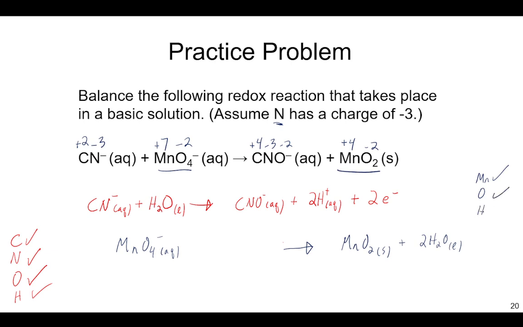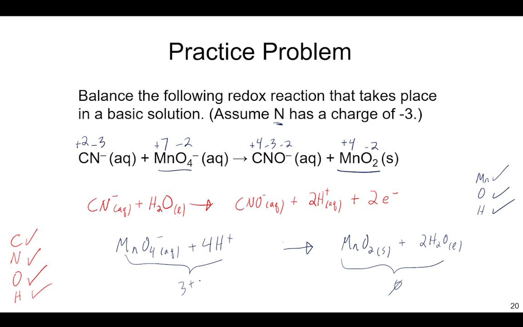Oxygen's balanced. Hydrogens now, well, I've introduced hydrogens now, so I better come back over here and add 4 H+ to the left. Now my hydrogens are balanced, 4 on each side. And now I can worry about charge. Total on the right side is 0, everything's neutral. Total on the left side, 1 minus and 4 plus is 3 plus overall.